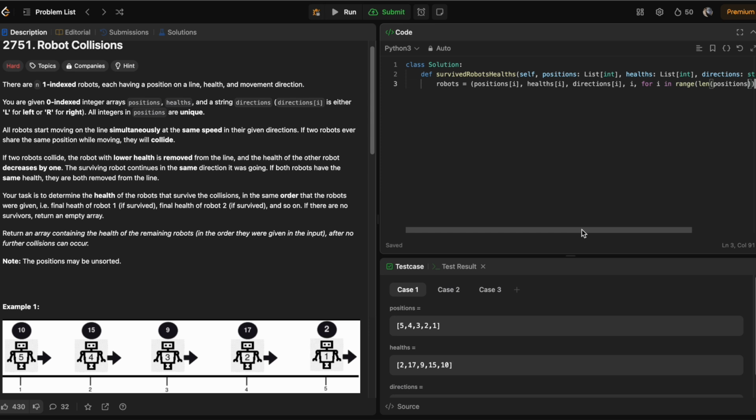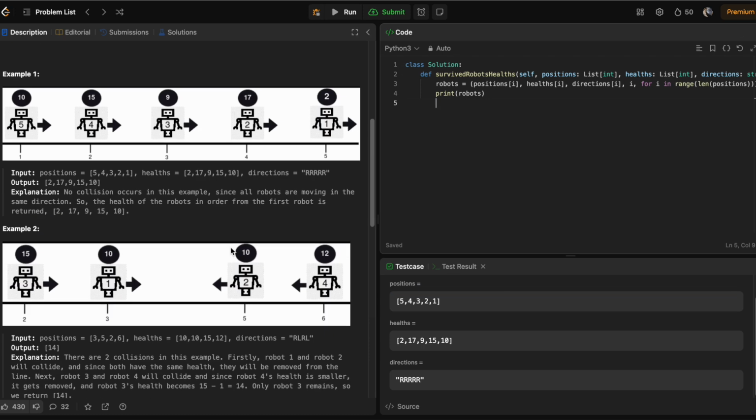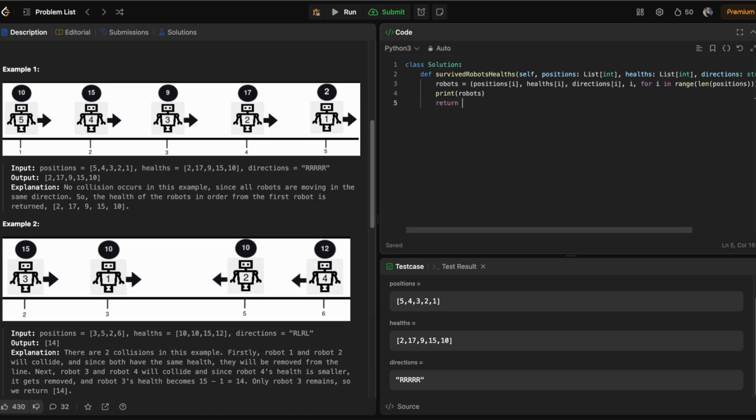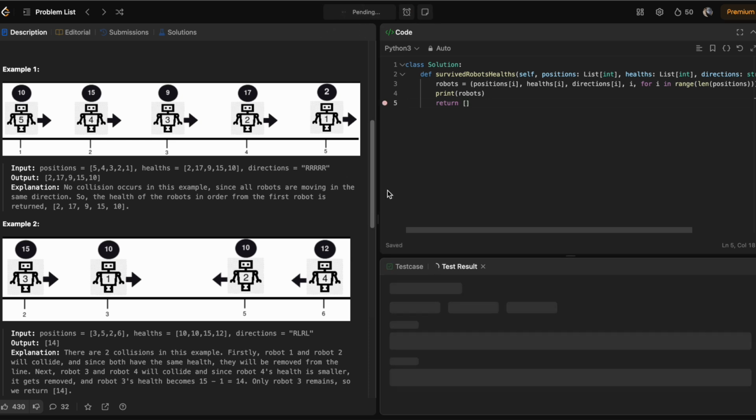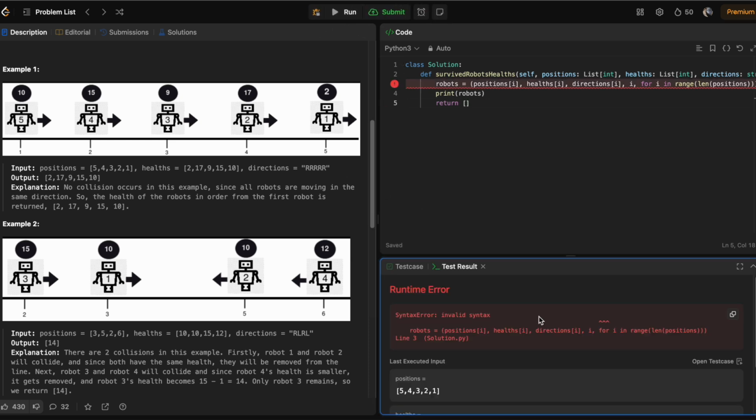Okay, I'm not gonna lie, this is kind of janky. So I'm just gonna print this out just to make sure everything is working correctly, and we can have some random output. Let's see, return an empty list. No, the syntax is in fact invalid. Oh, probably shouldn't have this comma.